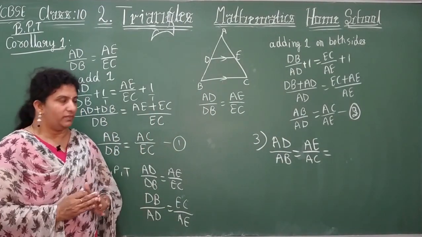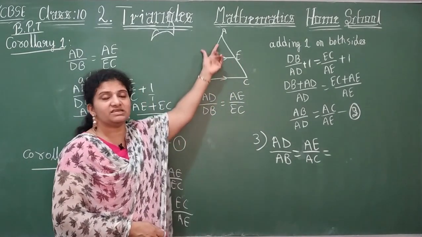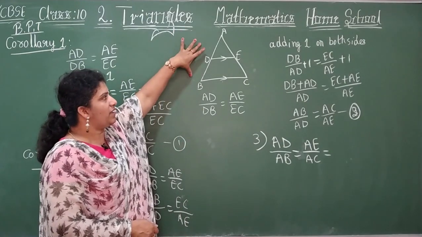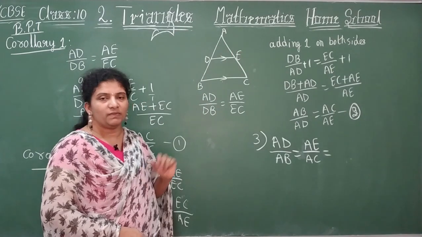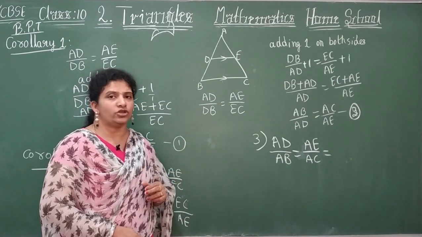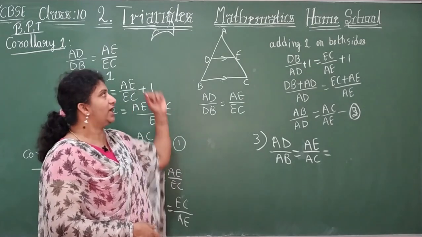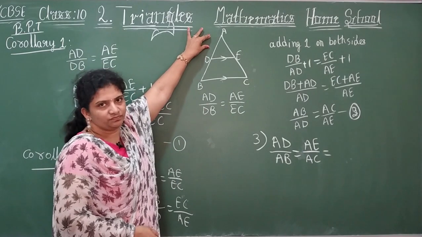One thing you remember: when this line is splitting in the form of a trapezium and a triangle, in your first corollary you got AB by BD, AC by EC, whereas the third ratio you won't get. But coming to the second corollary, look here carefully, AB by AD.